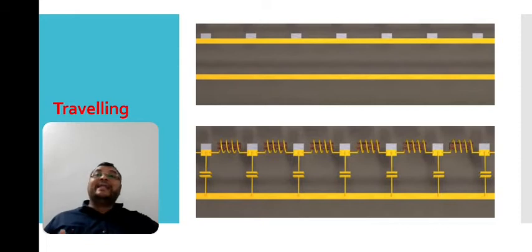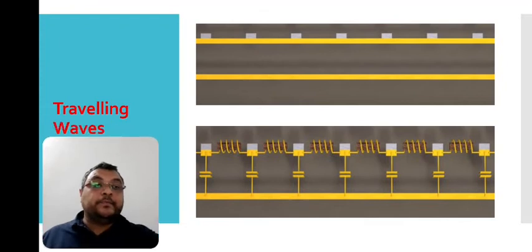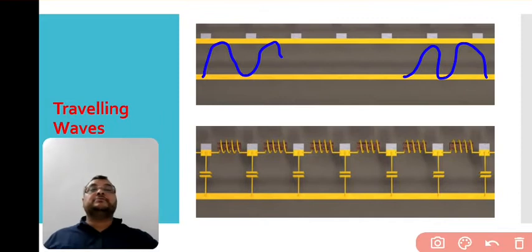In this instance, for example, the signal keeps bouncing back and forth between the beginning and the end of the transmission line, that is, from the end it bounces back through the transmission line.